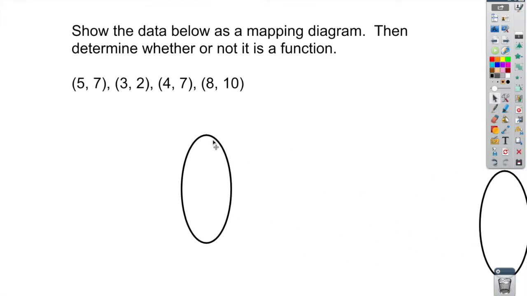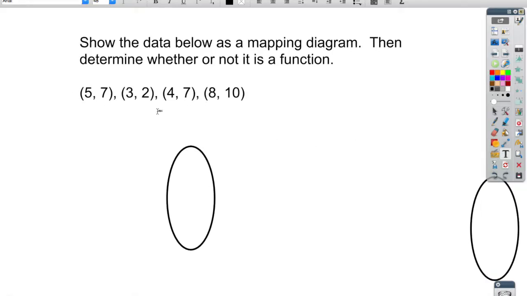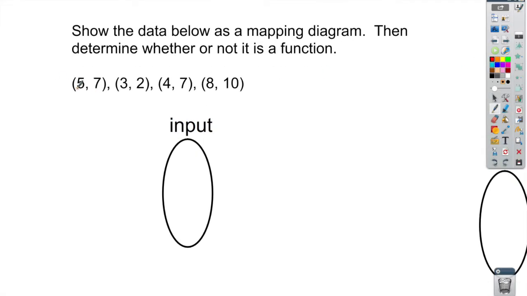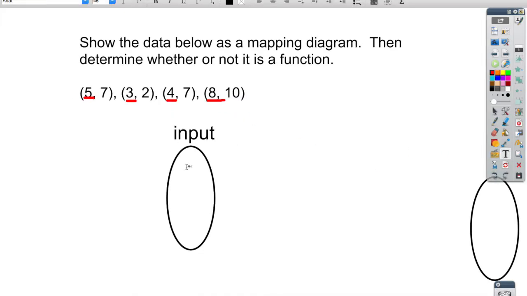All right, so here's what it should look like once again. Inputs. We've got 5, 3, 4, 8. So I put those back in order: 3, 4, 5, 8.